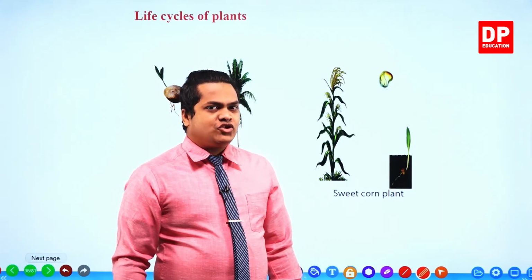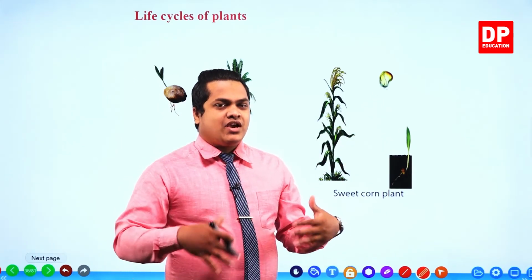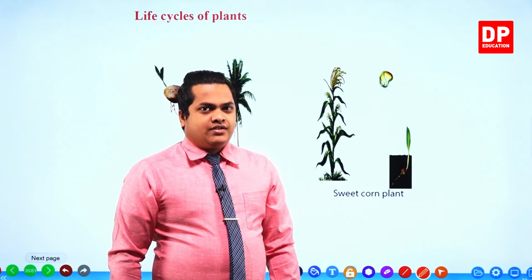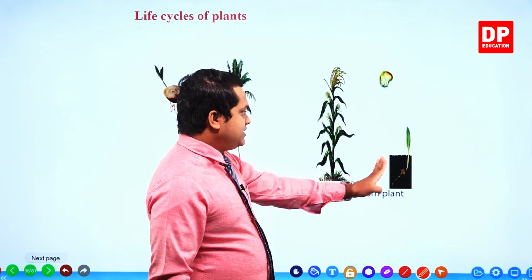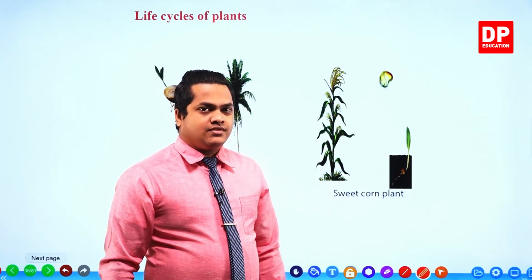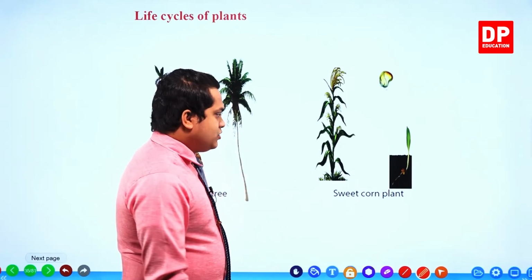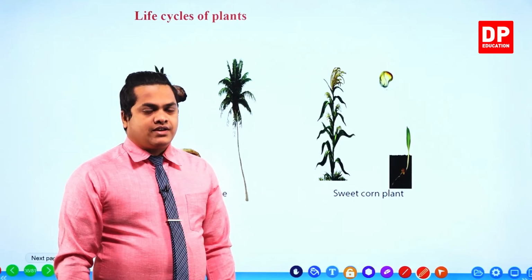The only thing that changes here is they are coming out from a seed, but we are being born to the world, right? We are also similar to our parents. These seedlings are also similar to the parents. Okay. So my dear children, this is the life cycle of a flowering plant.